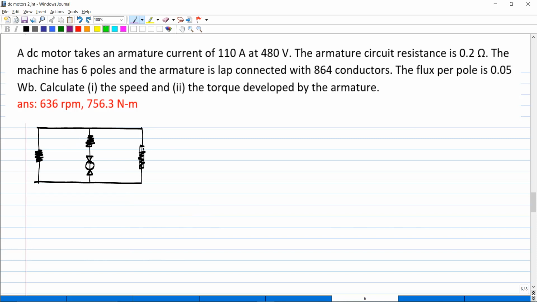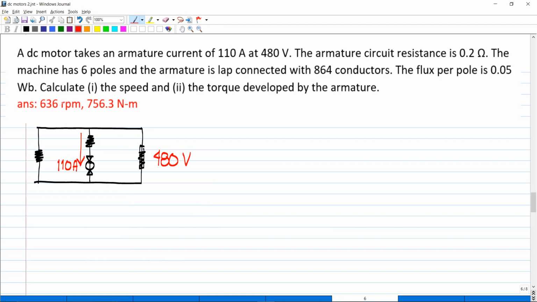So kailangan maging mindful tayo, tayo ay nasa motor na. So pumapasok na ngayon sa armature yung kuryente. Dati 'di ba sa generator kasi lumalabas galing sa armature yung kuryente natin. So ito, and then ang source voltage daw na yon na ginagamit niya is 480 volts.